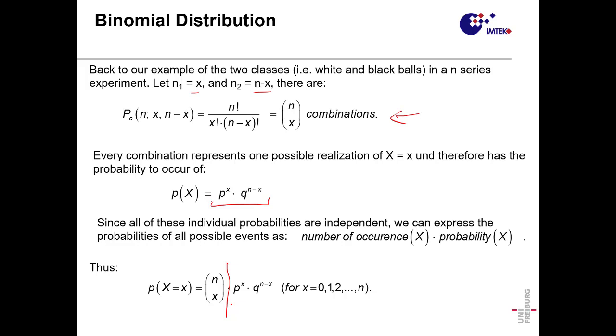So for each combination, you will have p to the x times q to the n minus x. So x is the number of whites, in this case. N minus x is the number of blacks. And then how many ways you can arrange this to happen, you do with the binomial coefficient, okay?